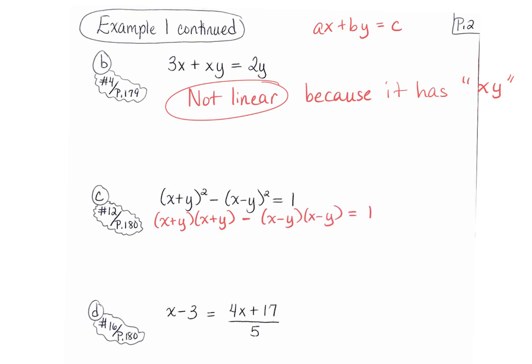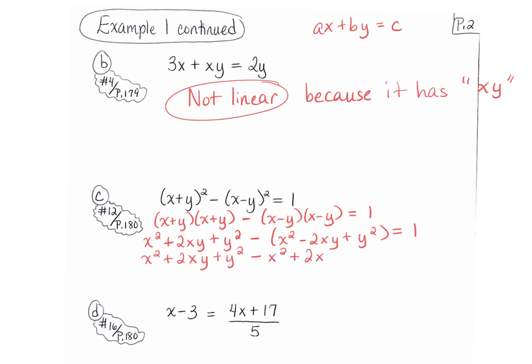Using the FOIL method, we get x squared plus 2xy plus y squared minus the quantity x squared minus 2xy plus y squared, all equal to 1. Now you distribute your negative, so we get x squared plus 2xy plus y squared minus x squared plus 2xy minus y squared equals 1.